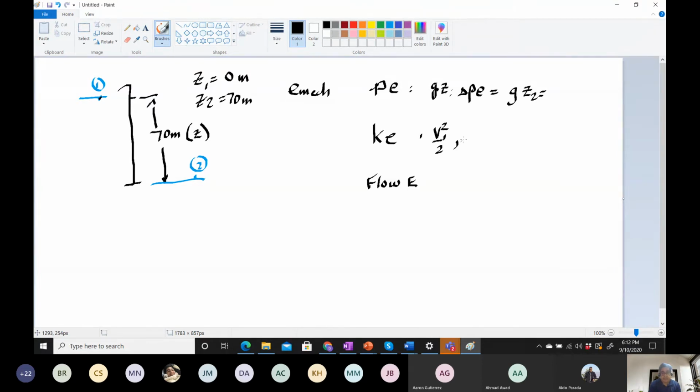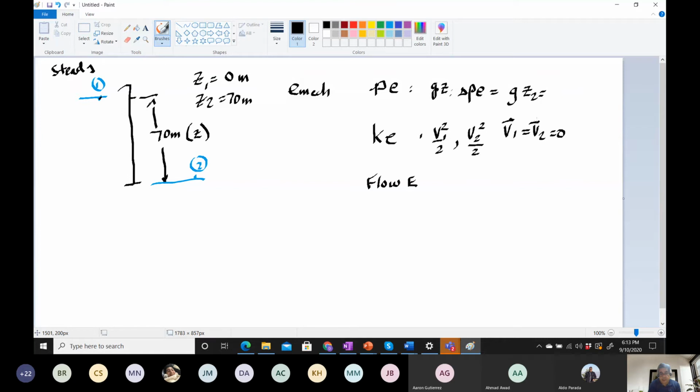There's point 1 and point 2. The velocities at 1 and 2 are at the surface of the water, and though technically they are changing, this is a large reservoir, like the Hoover Dam, so these levels aren't really changing; they're steady. And I think the problem said this is a steady state problem. Therefore, velocity 1 is equal to velocity 2, which is equal to 0.